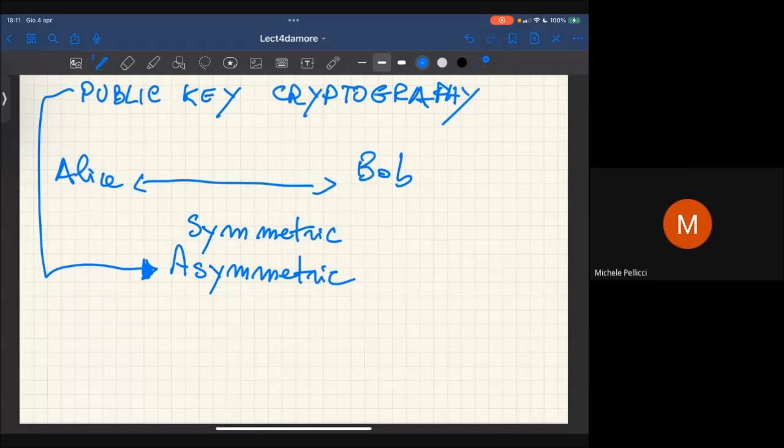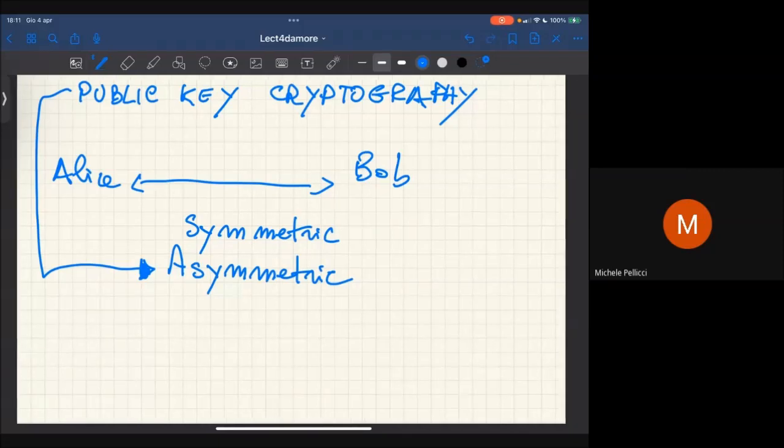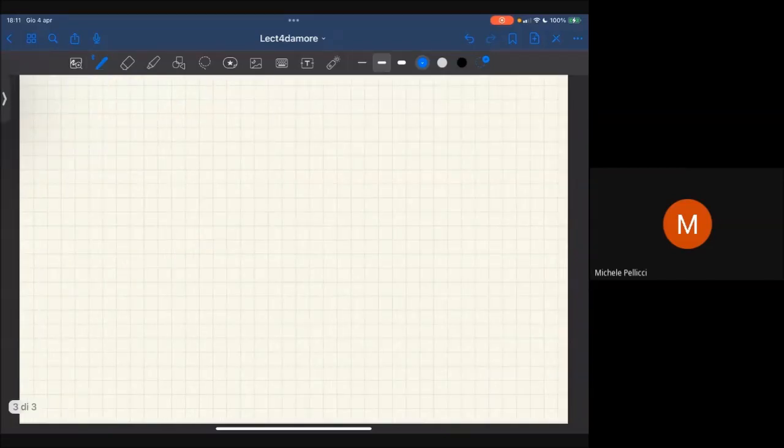So if we remind the general model again, asymmetric cryptography can be considered by having Alice sending a message to Bob.